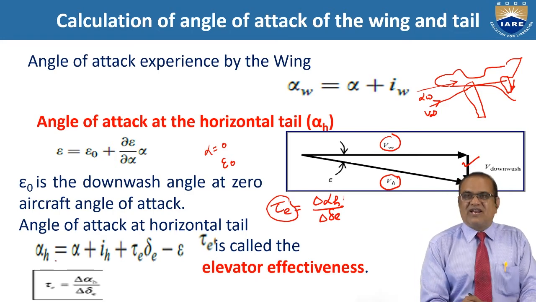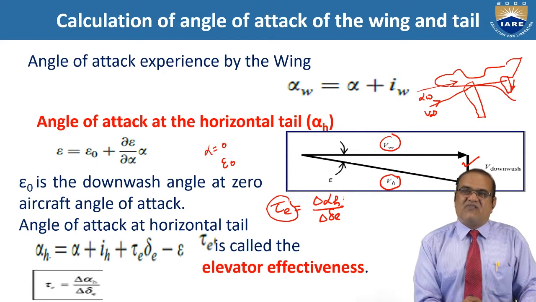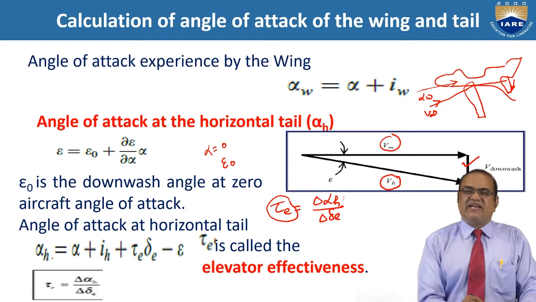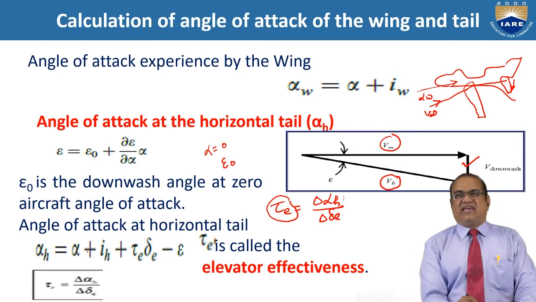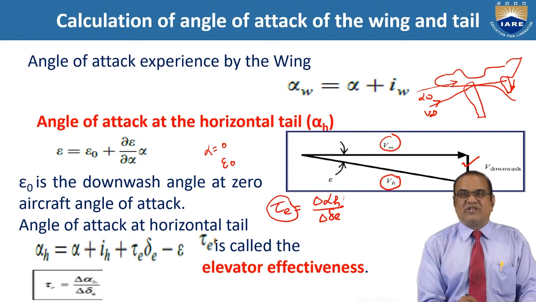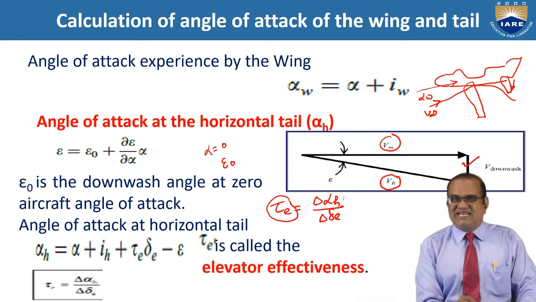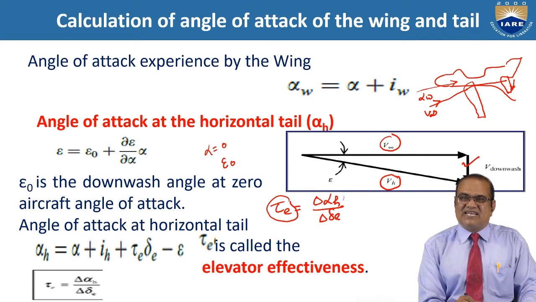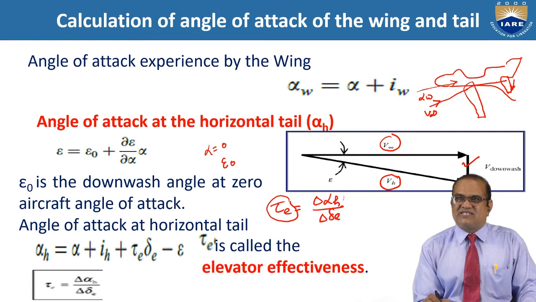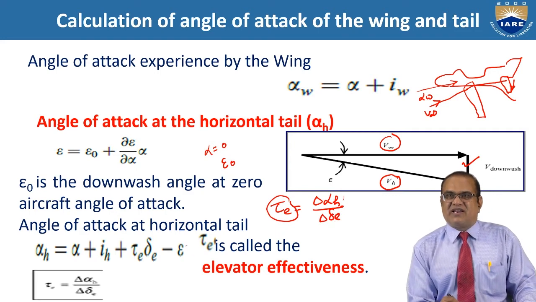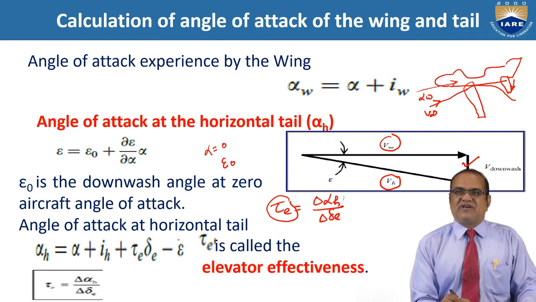So to calculate the angle of attack at the horizontal tail, alpha is the angle of attack which I showed in the previous slide. IH is the horizontal tail setting, plus tau E delta E, where delta E is the deflection and tau E is d alpha H by d delta E, minus epsilon, and this epsilon you can find using this equation here.